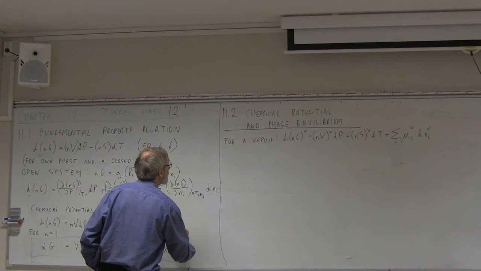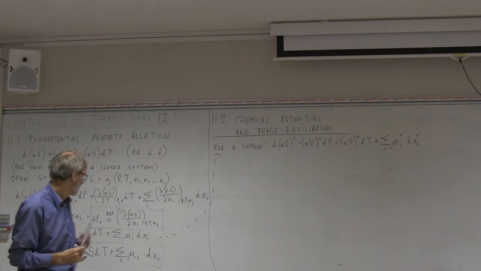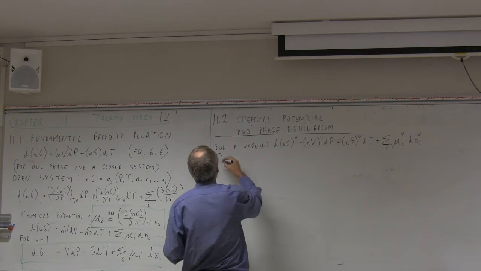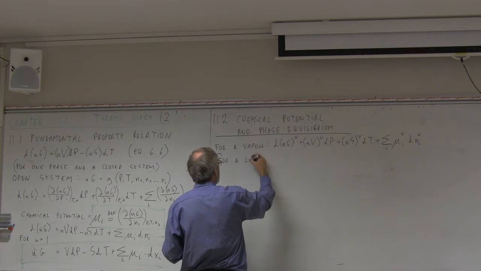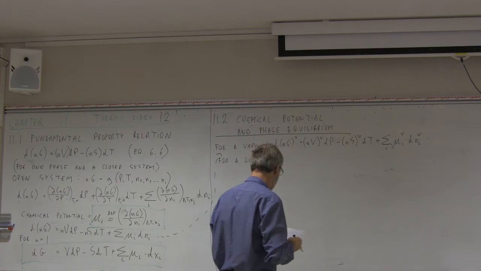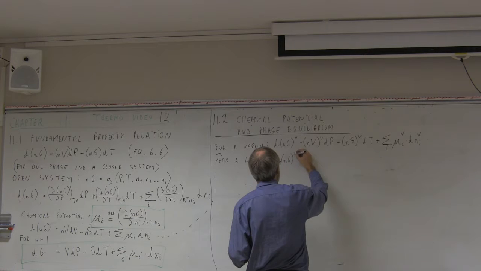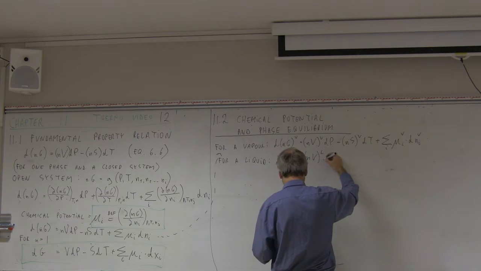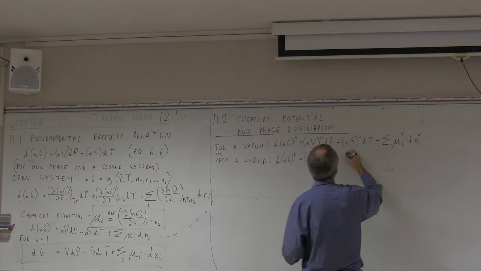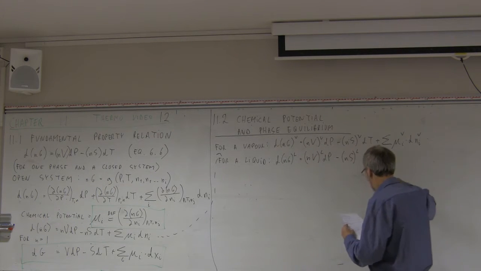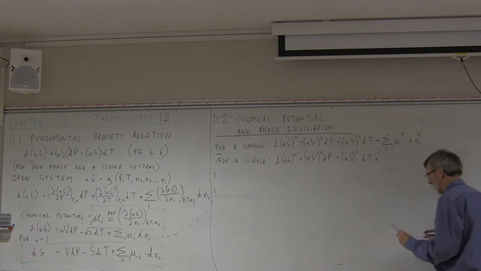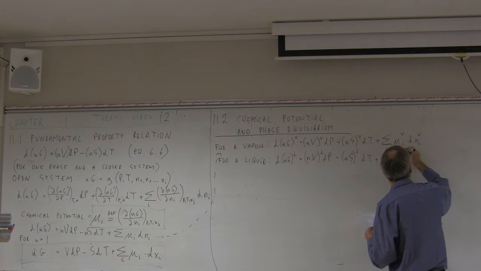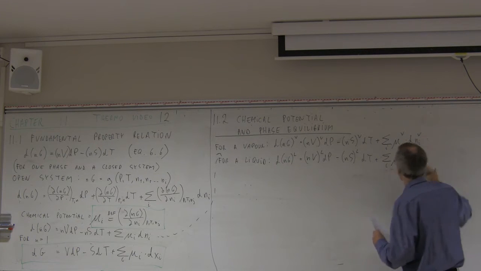We use this equation for the vapor, and similarly for a liquid, dNG for a liquid is NV for the liquid dP minus NS of the liquid dT, and then we add the chemical potential in the liquid times dNi of the liquid.